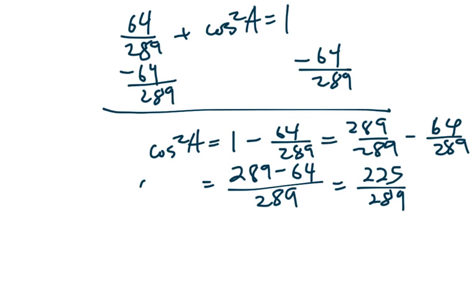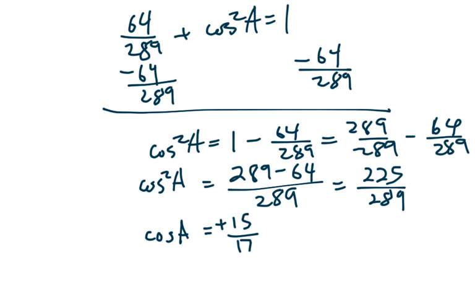This is cosine squared of A. So what is cosine of A? Well, you take the square root of both sides to get rid of that square. Take the square root of cosine squared, you get cosine of A. To take the square root of the right-hand side, you do the top and the bottom separately. 15 over 17, right?